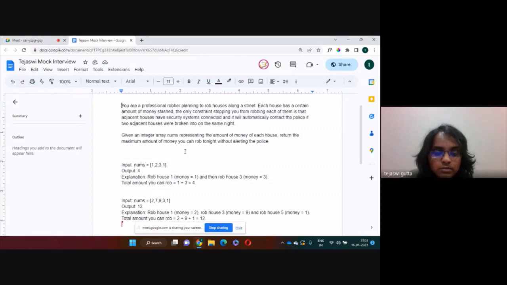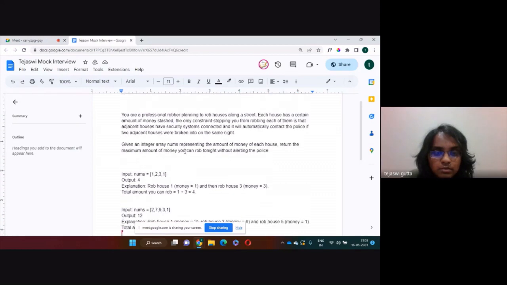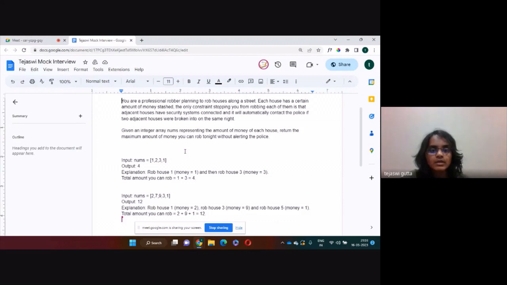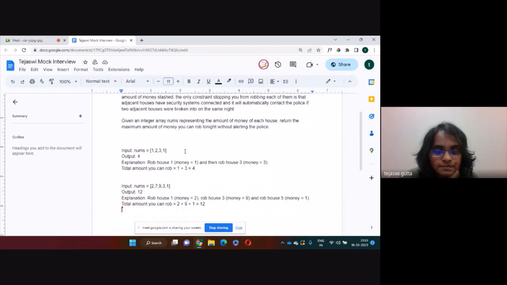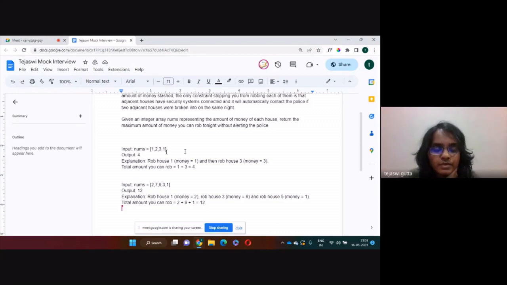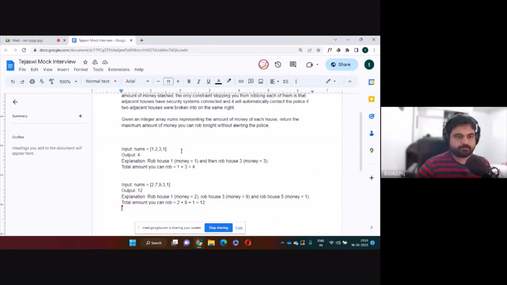Okay, so for each given house, I think there'll be two possibilities where either I can rob that house or I cannot rob that house.